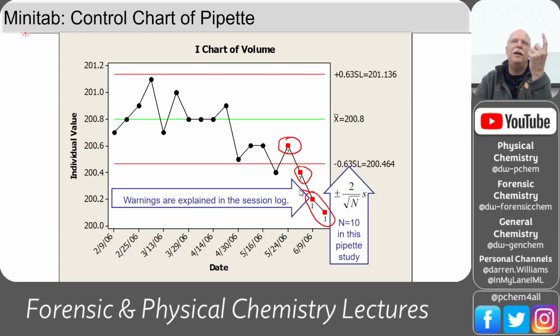The nice thing about Minitab, there's lots of nice things over Excel, but one of the nice things is it has a session log, which would really do a lot to satisfy your accreditation standards for a crime lab, because everything you do to the data is logged. Is that the case for Excel? No, there's no log in Excel.